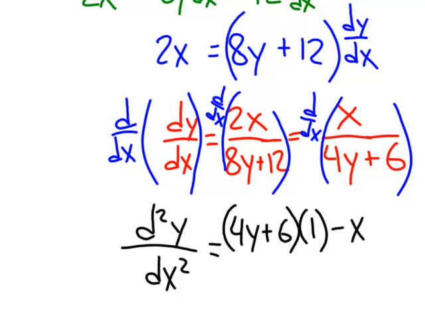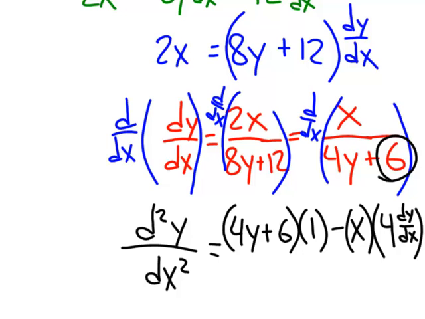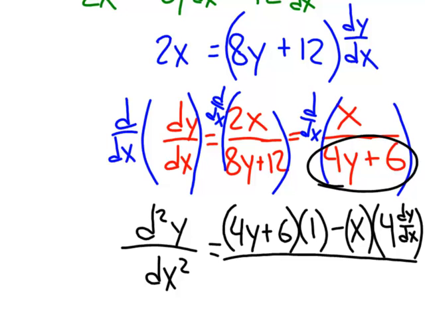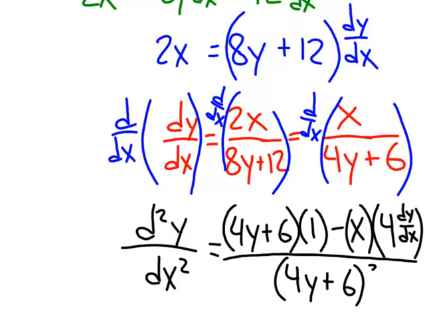So top, and then derivative of bottom is going to be just 4 dy over dx. Again, no derivative for that one, or the derivative is 0, I should say. All over the bottom squared, all over that squared. (4y plus 6) in parentheses squared.